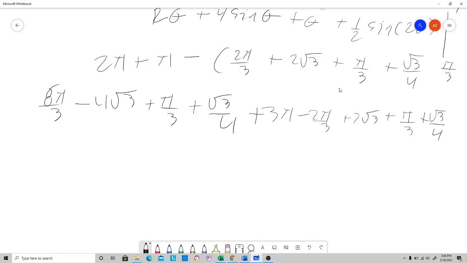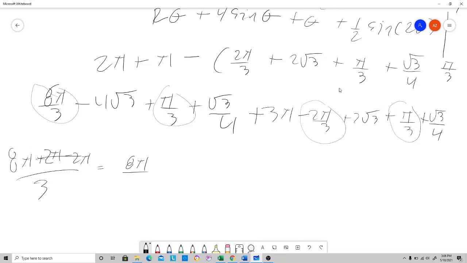So we group all the terms together, group this term with all the ones that have 3's and a pi. So we do this, we should have 8 pi over 3 plus pi minus 2 pi plus another pi, so I'm just going to put the 2. So this 2 should go away, and then this would be 8 pi over 3. So this goes away, this goes away, this goes away, and this goes away.